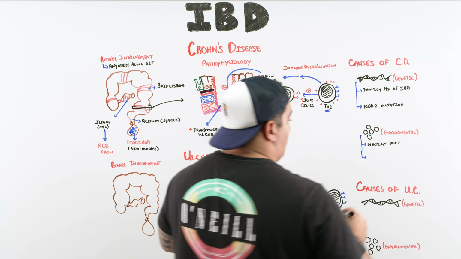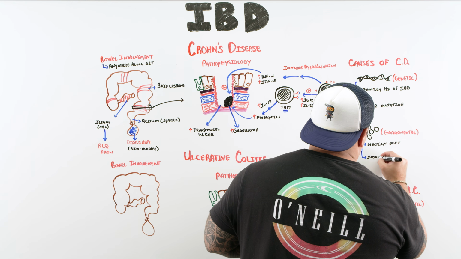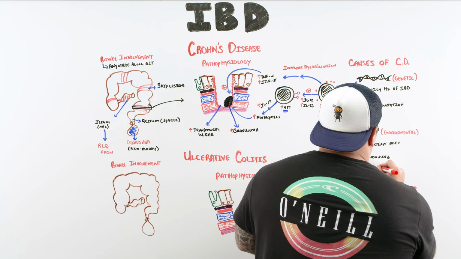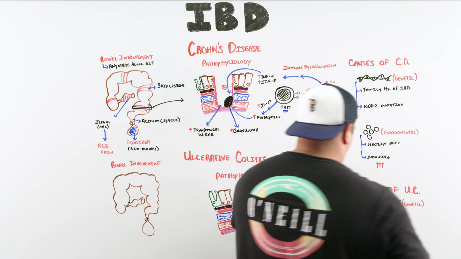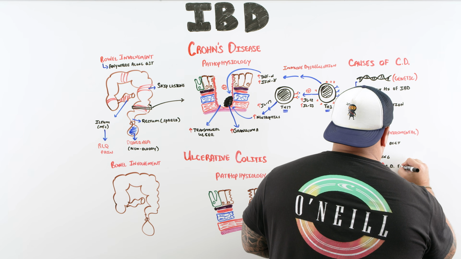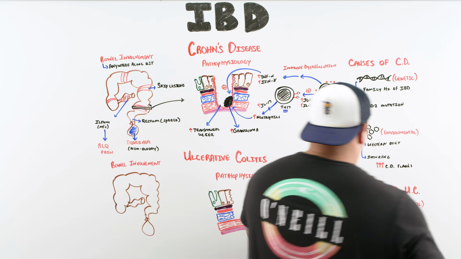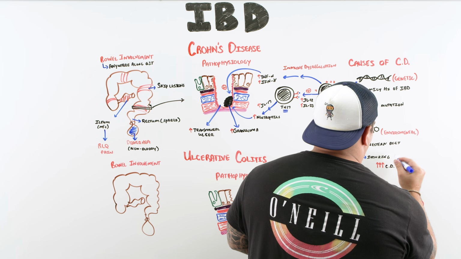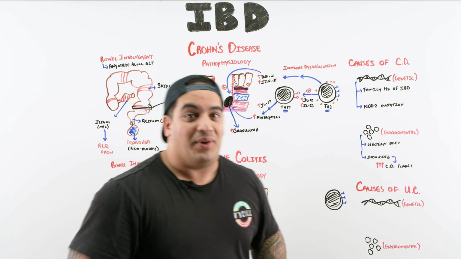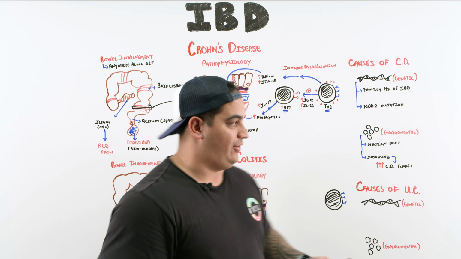What's interesting is smoking. I want to talk about this with UC as well, but smoking has been shown to increase the risk of a lot of Crohn's disease flare-ups, okay? And I think that's really important, and the reason why is, we'll talk about this in a little bit, UC has been shown that smoking decreases UC flare-ups, which is really interesting.